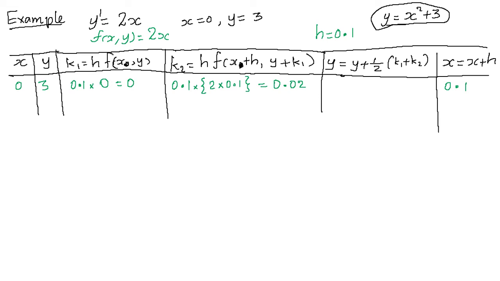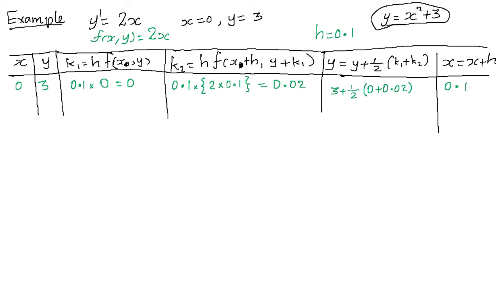Now we have to calculate the new value of y. What is that? Previous value of y, that is 3, plus half into k1, that is 0, plus k2. What is our k2? K2 is 0.02. Now what is half into 0.02? It's 0.01.